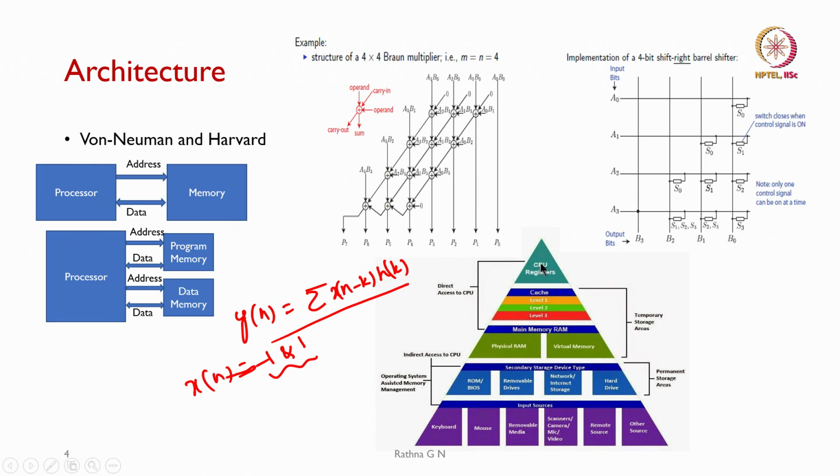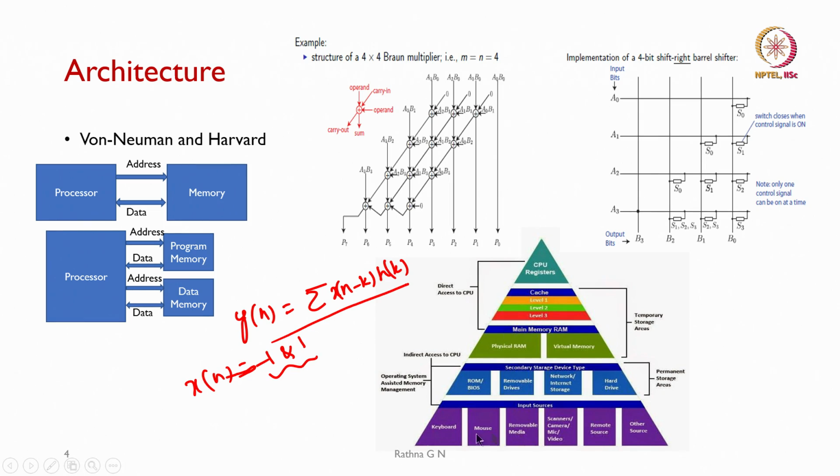So, along with the CPU we will have some registers. They are the fastest, as we discussed. We will have L1 and L2 memory, which are a little away from the CPU but much closer, so their access time is minimized, and then we have larger memories down the line.